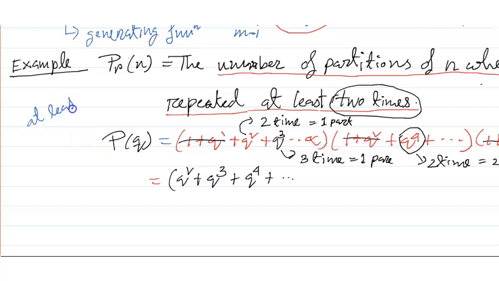At least 2 means it may be 2, 3, 4 up to infinity, but this value will not be 0 and 1. It is not 0, 1, but less than 2.